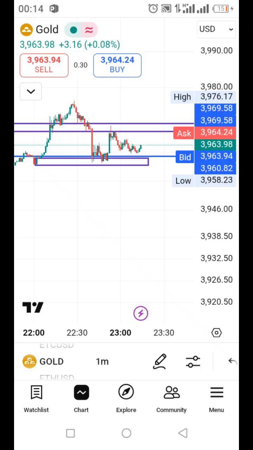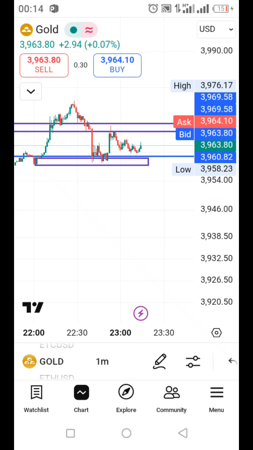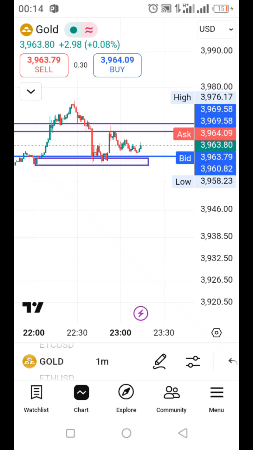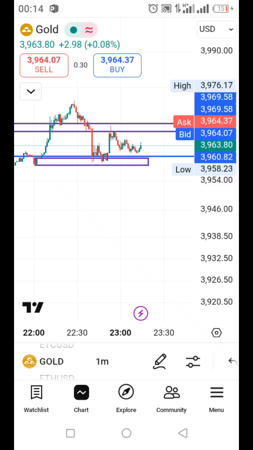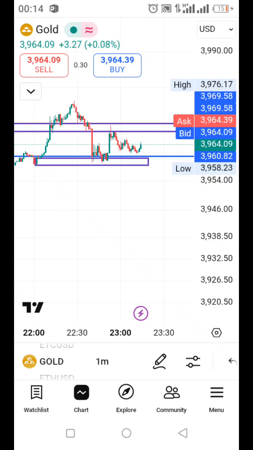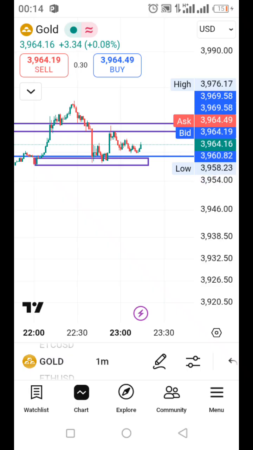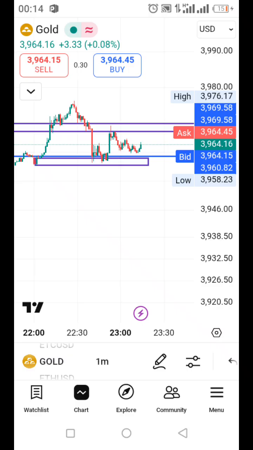Okay guys, price is already pushing up. You see now that price is respecting that particular zone. Those of you that normally use channel or base trade, this is the right time to use your base strategy or your channel strategy.